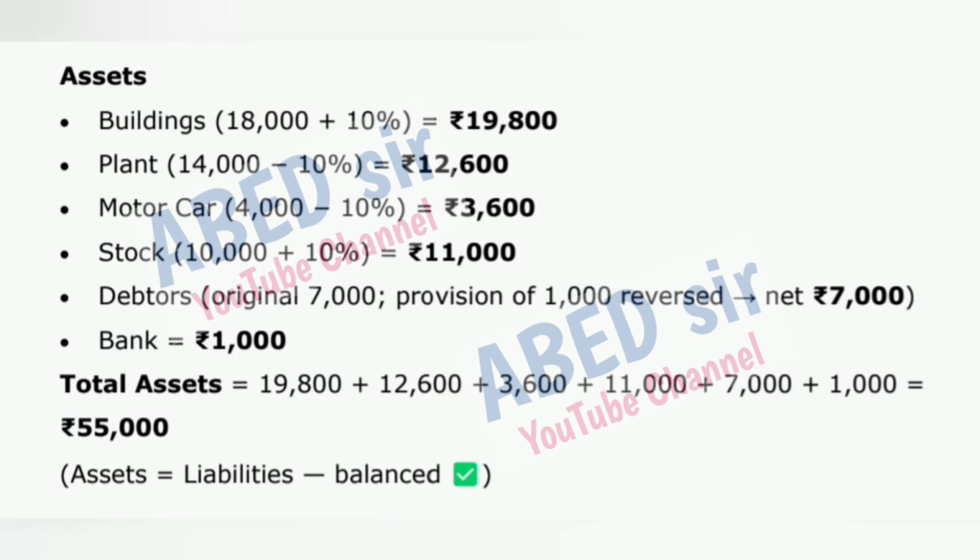Debtors, original 7,000, provision of 1,000 reversed, net 7,000 rupees. Bank is equal to 1,000 rupees. Total assets is equal to 19,800 plus 12,600 plus 3,600 plus 11,000 plus 7,000 plus 1,000 is equal to 55,000 rupees. Assets is equal to liabilities, balanced.